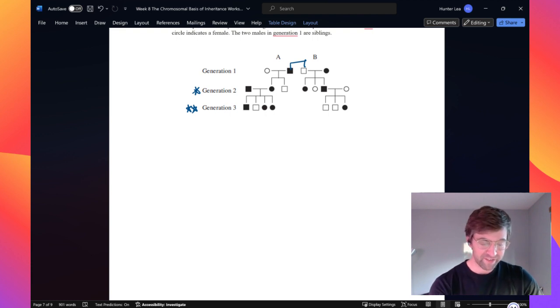So lineage A, generation 2, we have 2 affected individuals here. If the disorder were caused by an autosomal recessive gene, 100% of the offspring in this cross would be homozygous recessive and have this disorder. But because we have one male who doesn't have it, the disorder must be caused by a dominant allele.